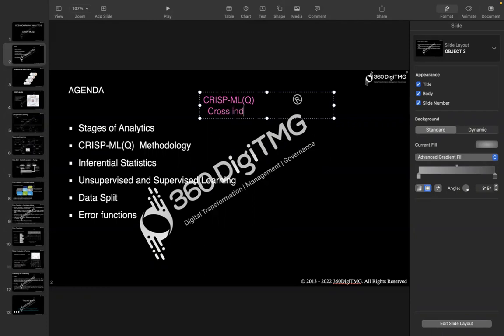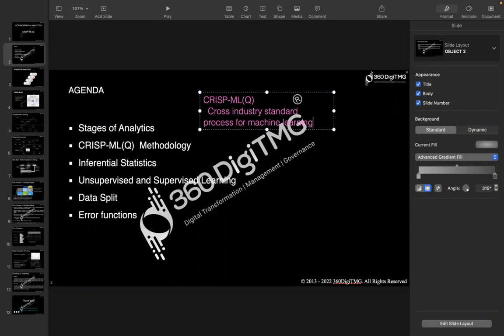So it is called cross-industry standard process for machine learning. So this is called Crypts MLQ. So the full form of Crypts MLQ is cross-industry standard process of machine learning.